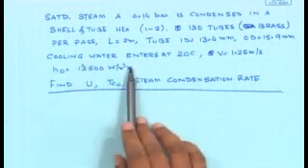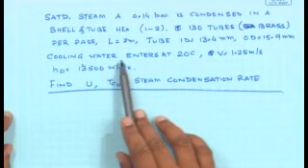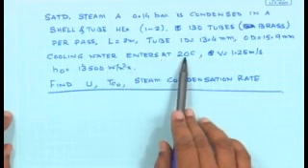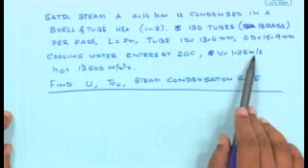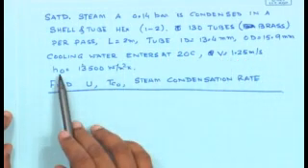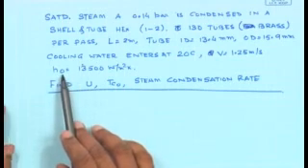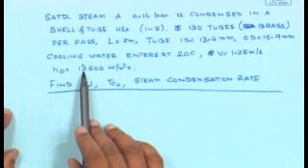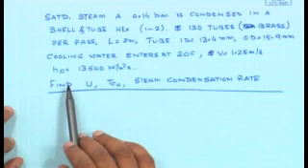The cooling water enters the tubes at 20 degrees centigrade with a velocity equal to 1.25 meter per second. The value of the overall heat transfer coefficient applicable for the outside of the tubes is 13,500 watt per meter square Kelvin.